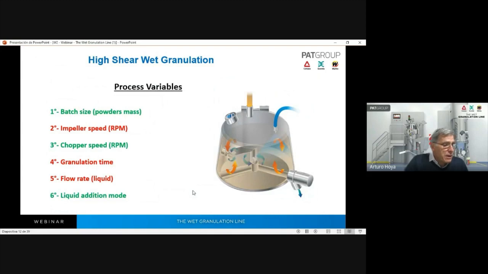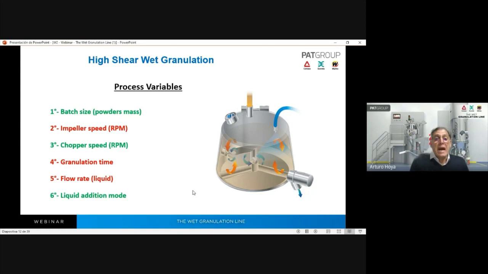Here we show the process variables in high shear granulation. These are the principal ones. In red are the critical ones. For example, impeller speed is very critical because, as I said, it gives the energy to transform.